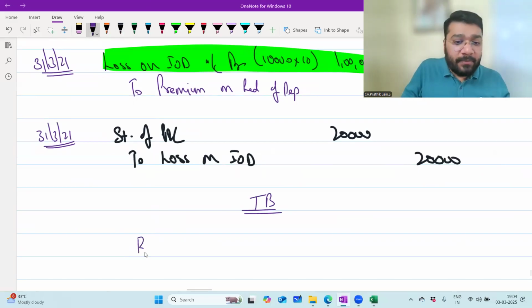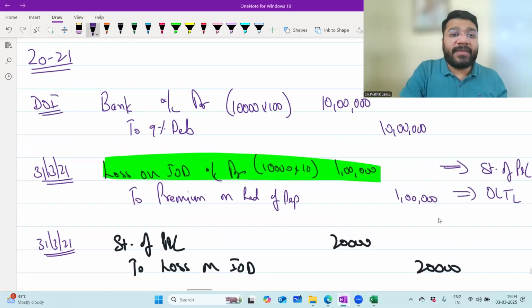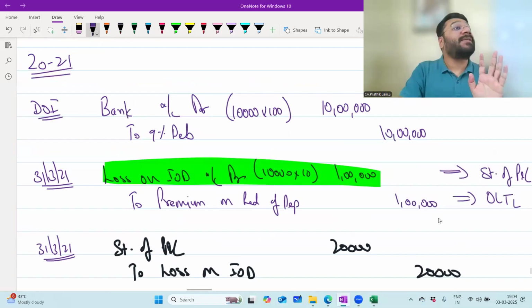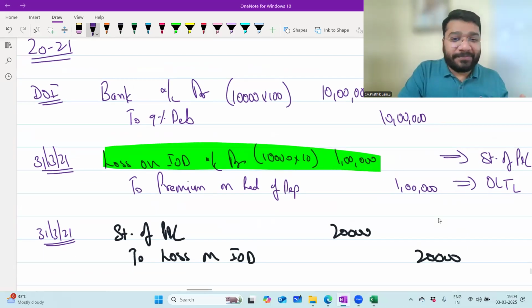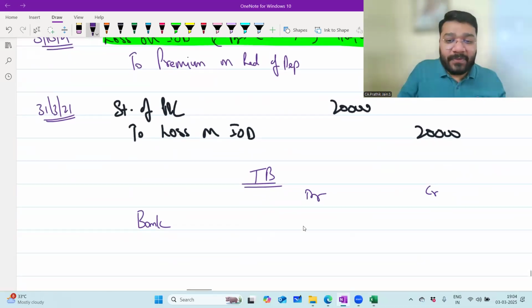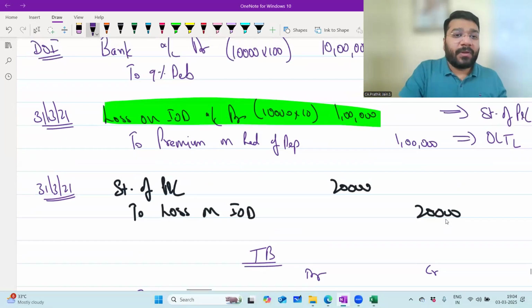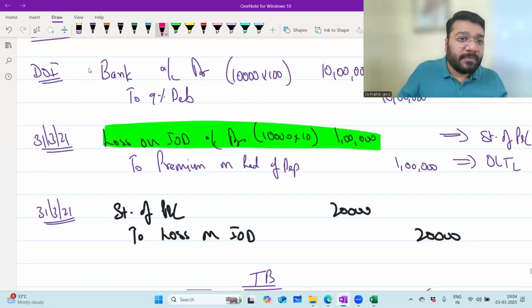In the trial balance, bank will go to the debit column. How much is the bank money received? 10 lakh. Because you have passed the double entry system of accounting, every transaction has 2 impacts, so if you prepare a trial balance, it will surely tally. So bank is 10 lakhs. 10% debenture, I'll just put a tick mark here. Then 9% debenture, how much?